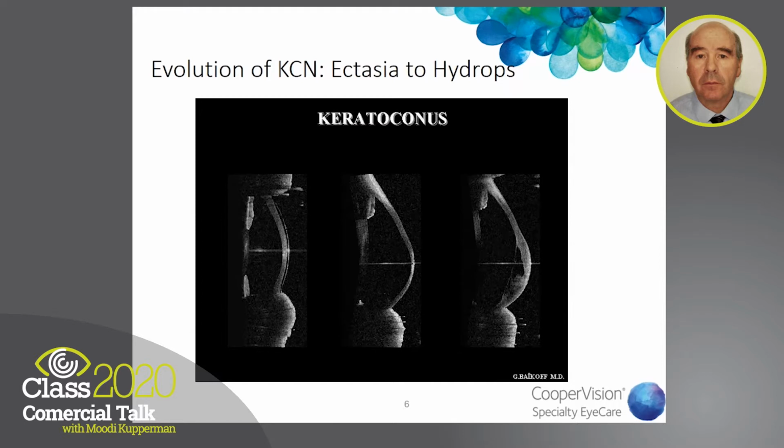Here we can see some cases of keratoconus or ectasia of the cornea. On the left, it is just the beginning or even without. This is a early keratoconus, oval conus, and by the end we find out that there are some tears in the corneal layers, and this is oval cone or even worse.